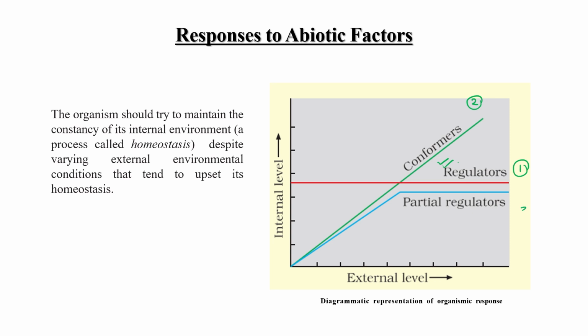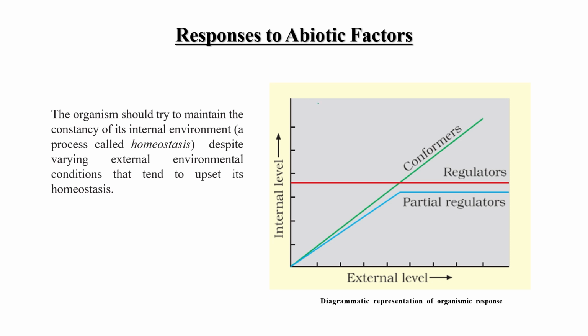Those that are able to change their body temperature up to a certain limit, and after that are not able to increase it and either change into a regulatory path or search out a condition to maintain their body temperature, come under partial regulators. Clear? So this is a very important graph.